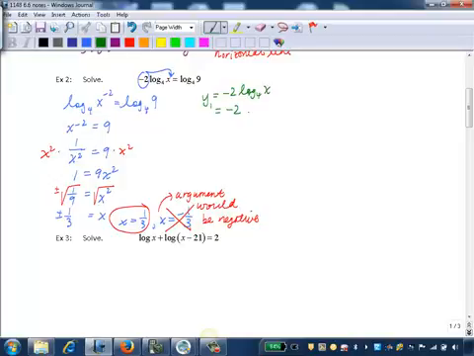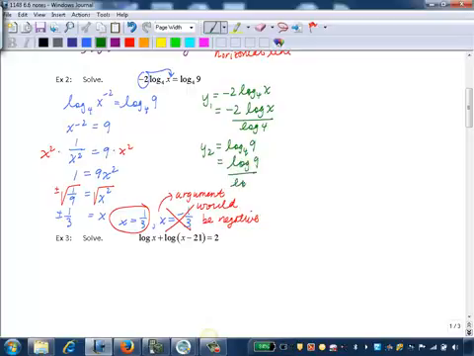So we've got the -2, and now we want to write log of x, or common log of x, over log of 4. And then for y2, instead of log base 4 of 9, we're going to have to rewrite that with, again, either a base of e or a base of 10. So log 9 over log 4. So these are what I'm going to graph in my calculator.